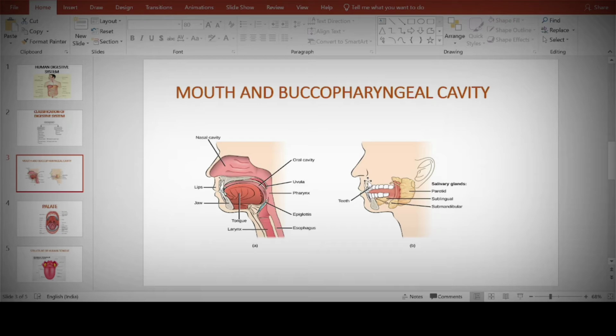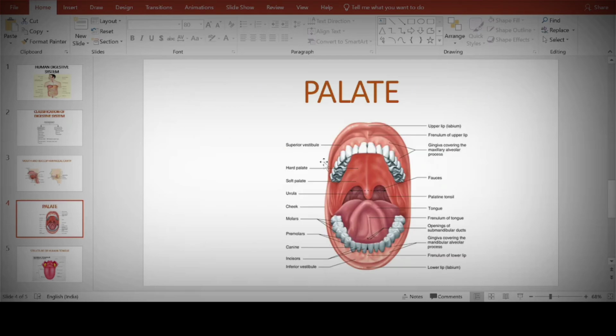Okay, so let's just move further. So here in the next slide you can see the anterior view of the palate. Okay, so this is basically your anterior view of the palate, and at first you can see the hard palate.